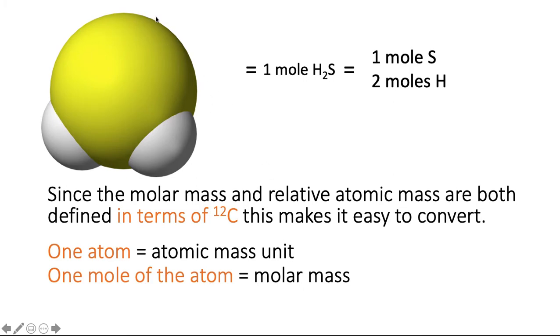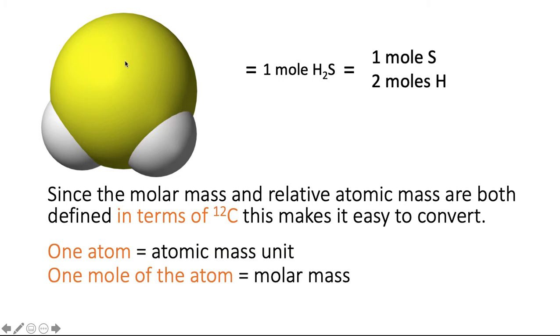So if I were to look at the same molecule of H2S, I would say for 1 molecule, I have 1 sulfur and 2 hydrogens. If I have 2 molecules of H2S, I would have 2 atoms of sulfur and 4 atoms of hydrogen because I would multiply by 2.